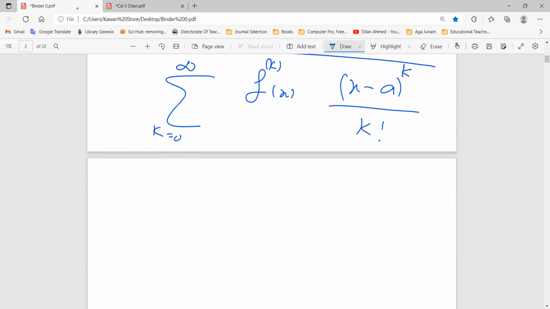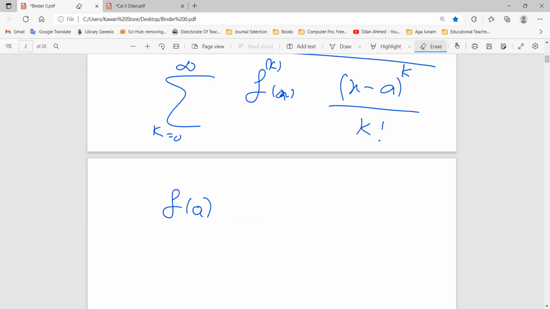If I put k equal to 0, I will get f of a times (x minus a) to power 0 over 0 factorial. I know 0 factorial is equal to 1, and (x minus a) to power 0 is equal to 1 again. So this is the first term when k is 0.